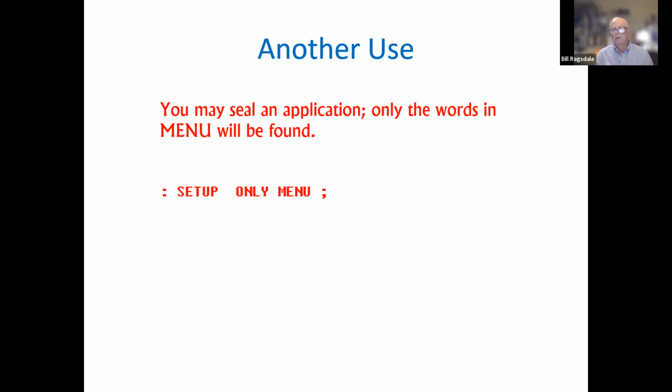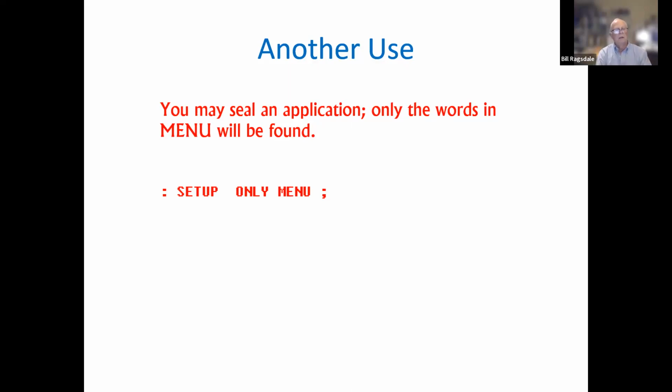There's another use for the ability to compile search order, and that is that you can seal an application so only the words in a specific list can be found. So if I execute only menu, only clears the stack, and you have to compile this. This will not work interpretively.